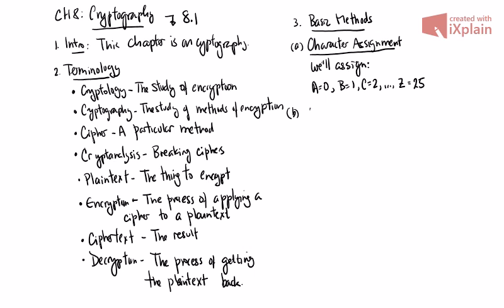So the first kind is the Caesar cipher. Purportedly, if you like, used by Caesar, as in Julius Caesar. The idea is this: we work on the text character by character.